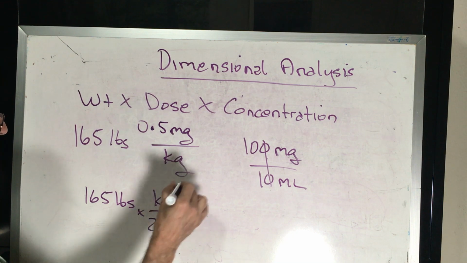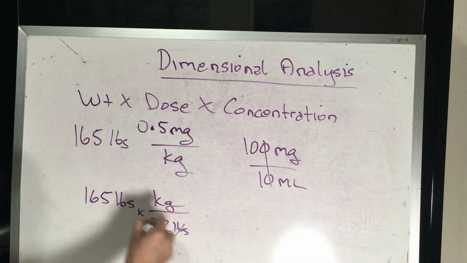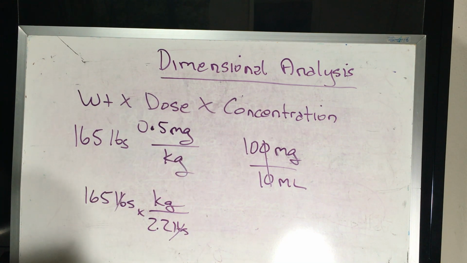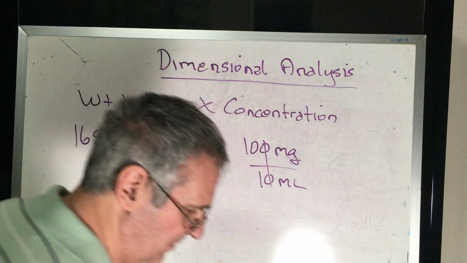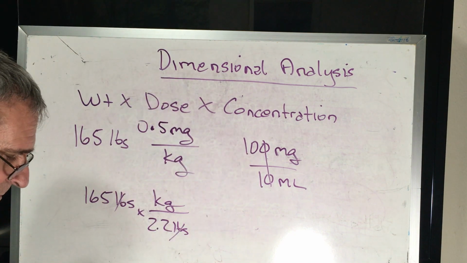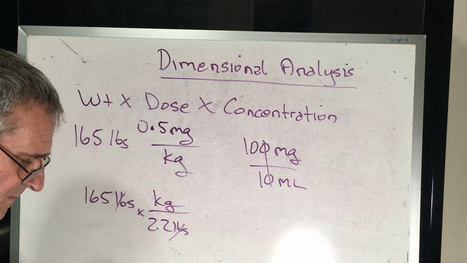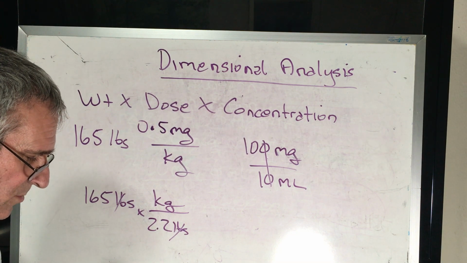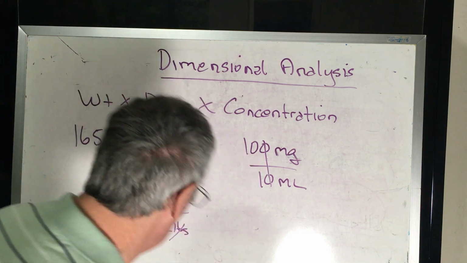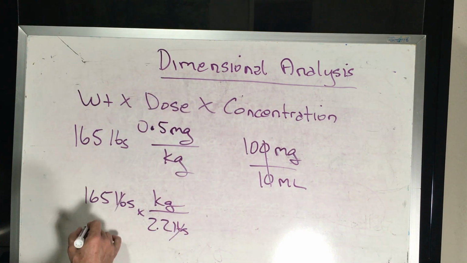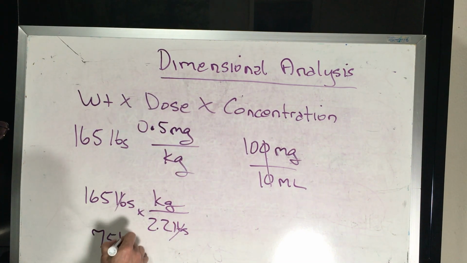That's a constant. You need to know that. Pounds goes away. We have 165 divided by 2.2. So let's see what that is. 165 divided by 2.2 equals 75. So our patient weighs 75 kilograms. Okay? So that's what we're going to plug into our equation.